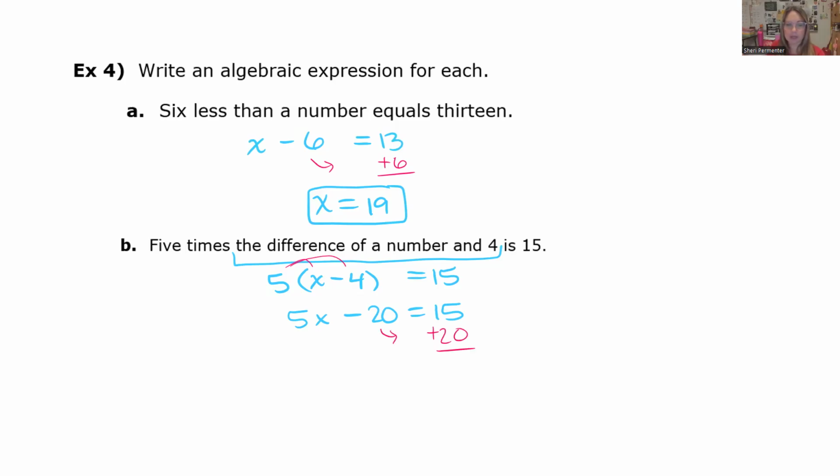Add 20. And again, if you struggle with these, use a calculator. 15 plus 20 is 35. What's my last step to get x by itself? Divide by 5. Please make sure you show me all your work. What is 35 divided by 5? Beautiful. And we are done with notes for today.